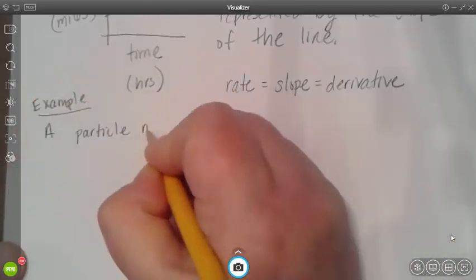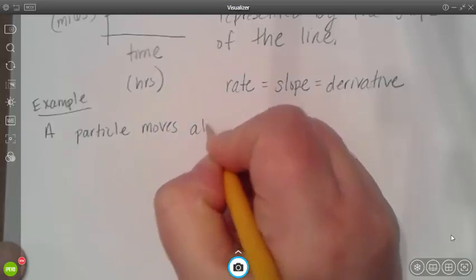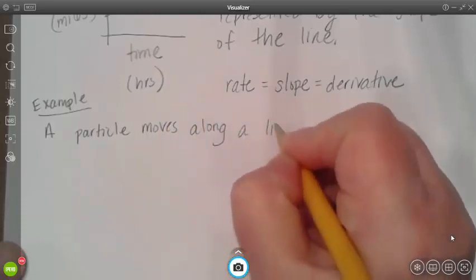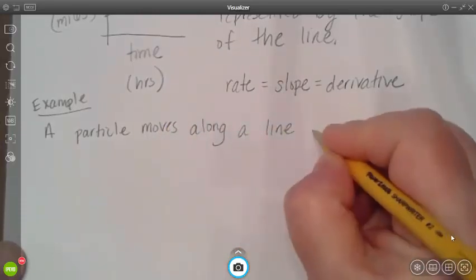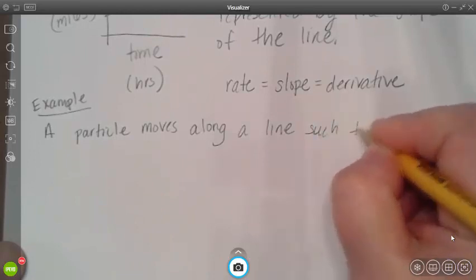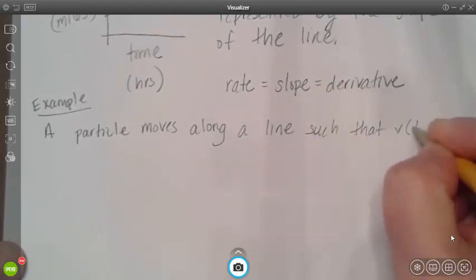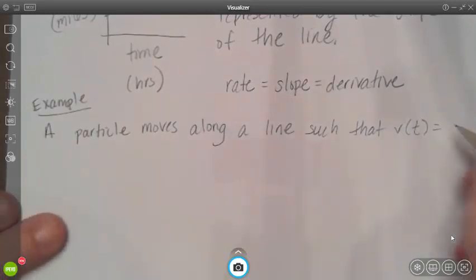A particle moves along a line such that v of t equals, let's say, negative 2t plus 8.